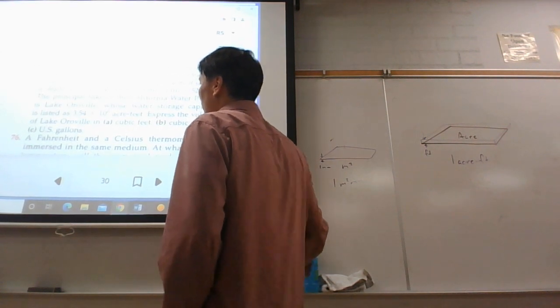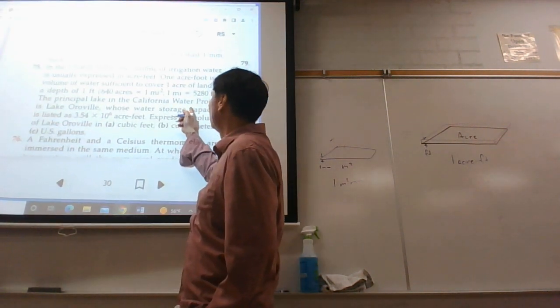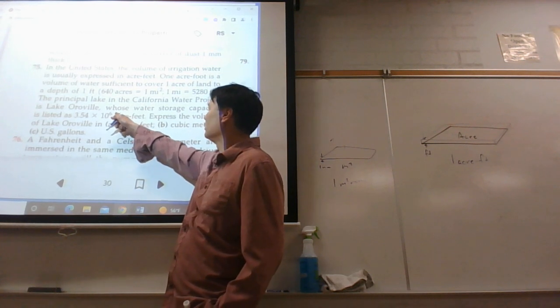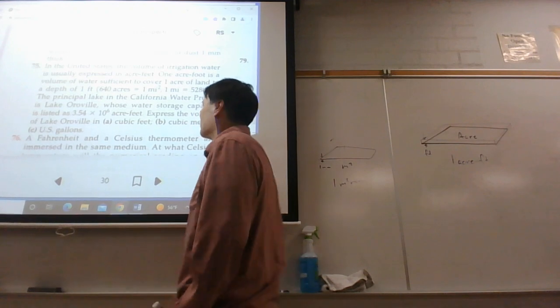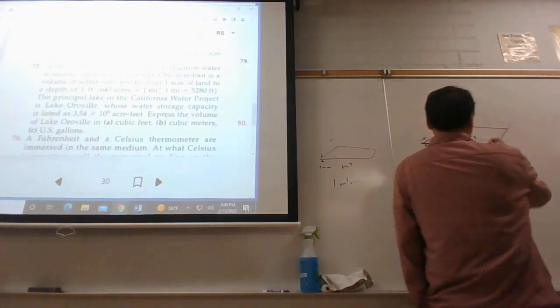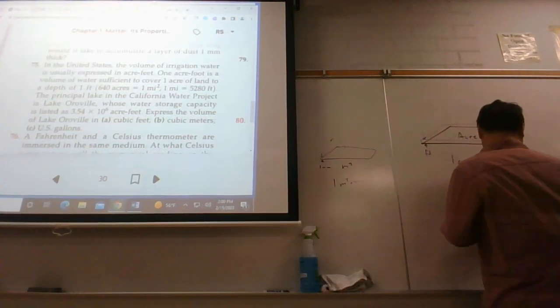Okay, let's go on here. The principal lake in the California Water Project is Lake Oroville, whose water storage capacity is listed as 3.54 times 10 to the 6 acre feet.